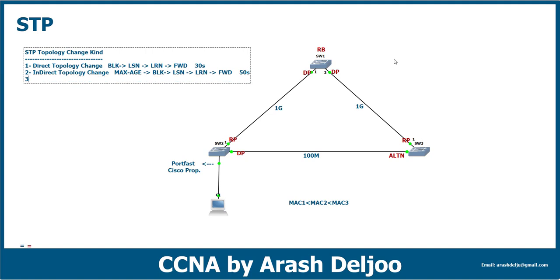And you also know that we have another type of topology change. We call it insignificant topology change. In this type of topology change we don't need to wait for listening or learning or max age.